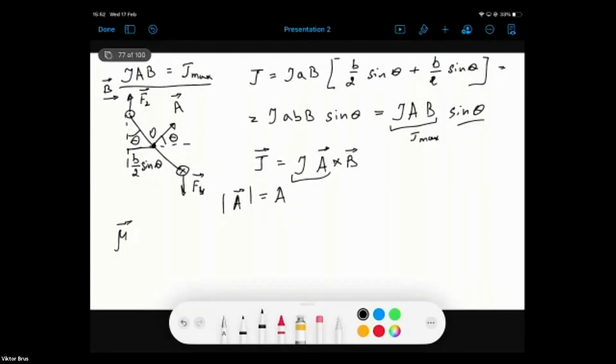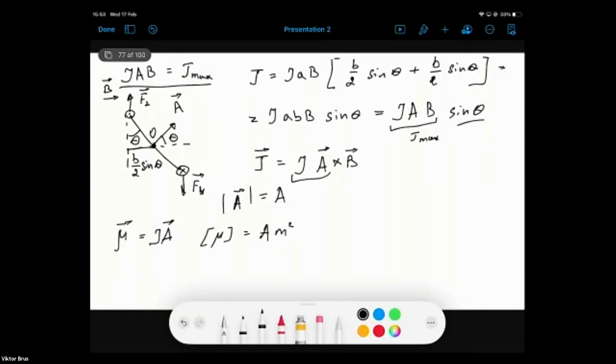So this mu, the magnetic dipole moment, is equal to the product of the magnitude of electric current and vector A. And the units for this magnetic dipole moment are ampere times square meter.